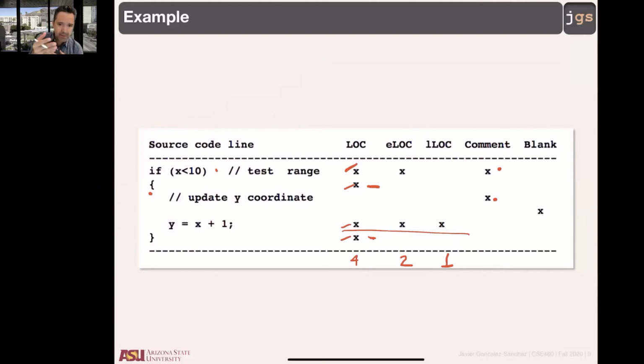Now, comments, well, we count the comments separately for one reason. This is obviously a line of comment and it's going to count, but in this line, you can put in the same line a comment and an instruction. If we measure this as a line of code, it's going to count like one line.